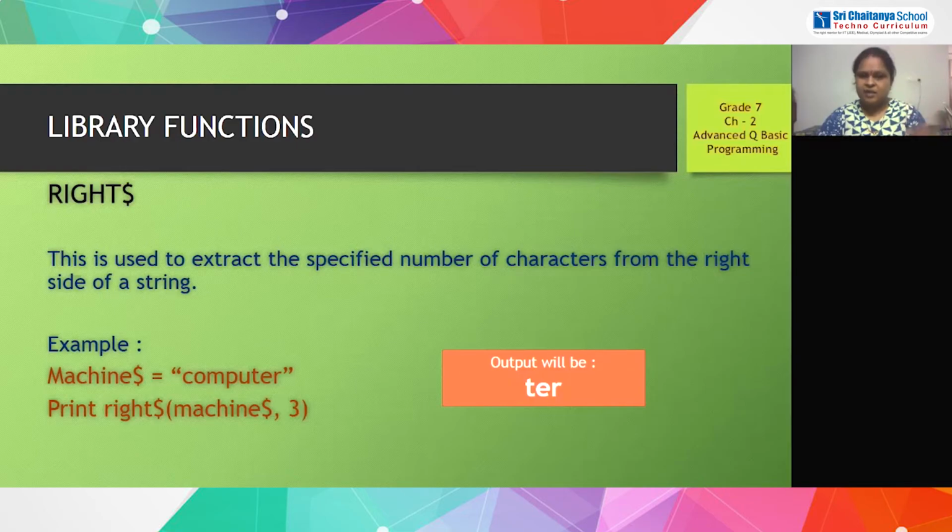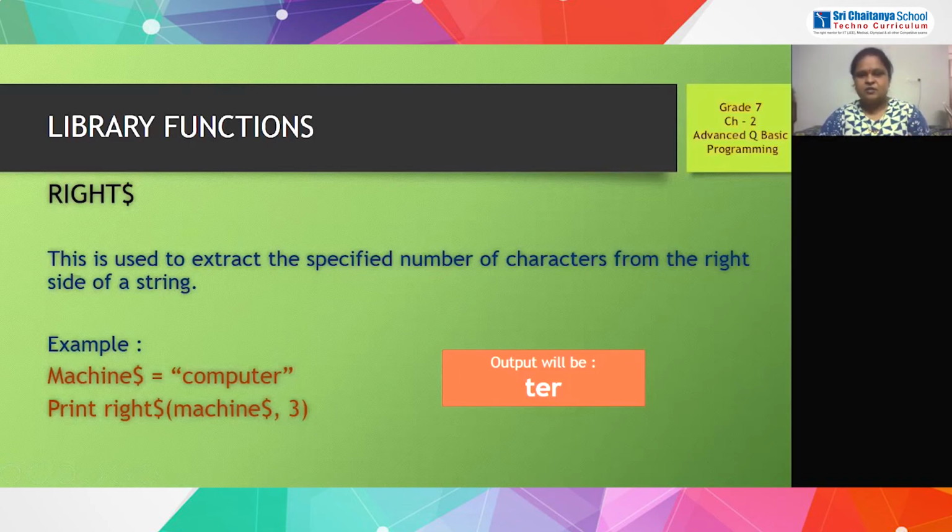I'm taking the same example so that you can understand it very clearly. Here, again the same machine dollar is the variable and the value assigned is computer. Now instead of left, here I have written right. And again from the right side I am extracting three characters. So what are the three characters from the right side?